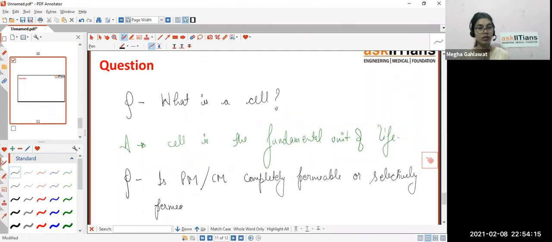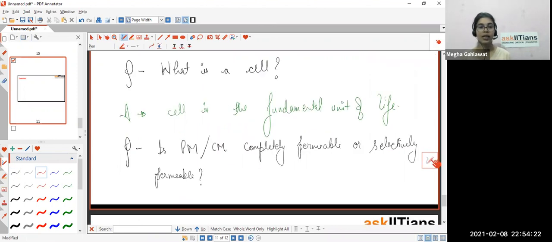We just discussed this. I hope you know the answer. And the correct answer is that it is selectively permeable. It selects whatever goes in and out of itself, and that is why it helps in the proper controlling of the traffic throughout the cell.